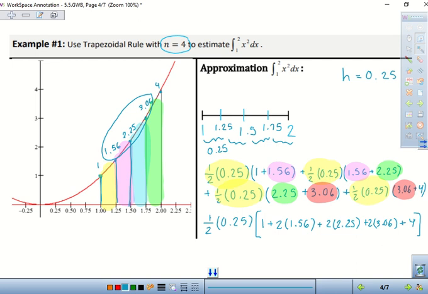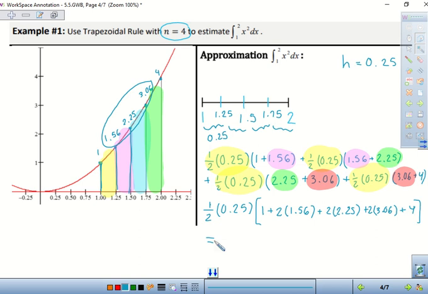Okay. So then we just basically put all this in the calculator to get a decimal answer. Usually you're going to round to the hundredths place when necessary. So this just takes a second.